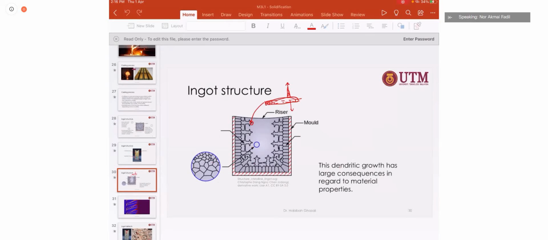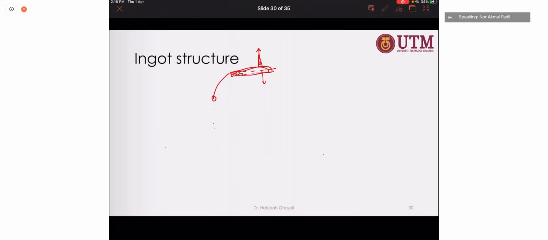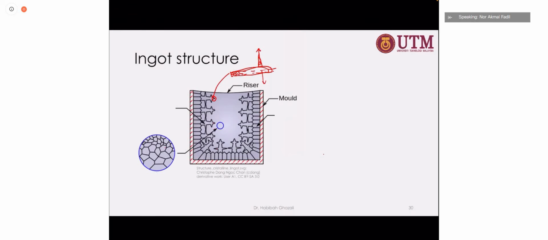Okay, dendritic crystal structure. At first it will form a chill zone somewhere here, the chill zone at the area close to the mold. Then it will form the dendritic crystal structure.